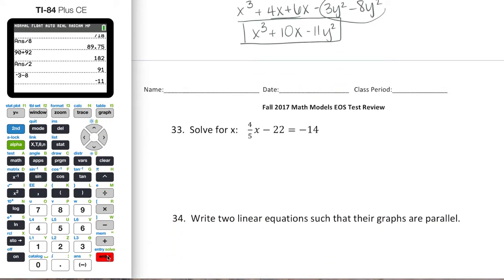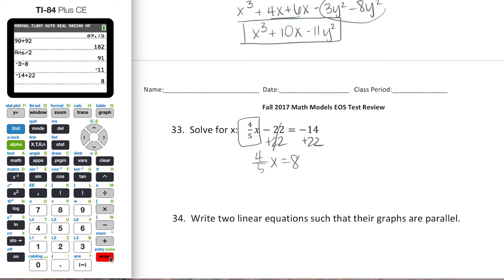Alright, next we have solving with fractions. Solving with fractions, we're going to want to get this x in the fraction by itself. So we're going to add 22 to both sides. So negative 14 plus 22 is going to give us 8. So 4 over 5x equals 8.